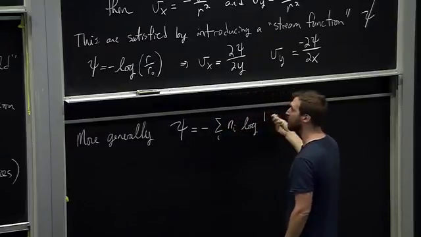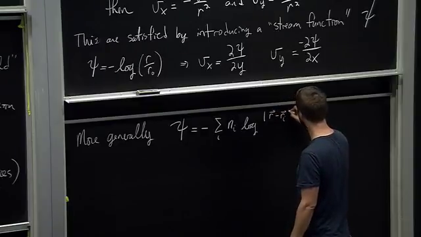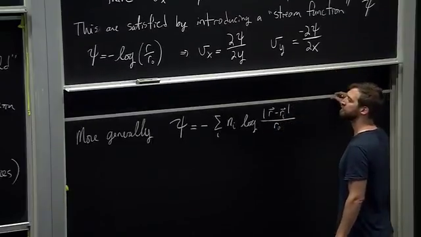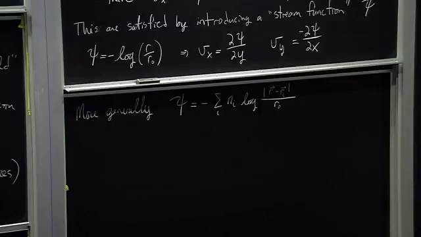And we're in a different coordinate system, so it's r minus ri over r naught. Okay, that should be enough.